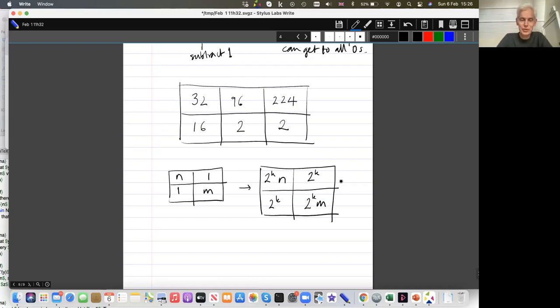I'll think about that in a moment. So now I can subtract. Perhaps I give myself a bit more flexibility and make that not 2 to the k, but 2 to the l.